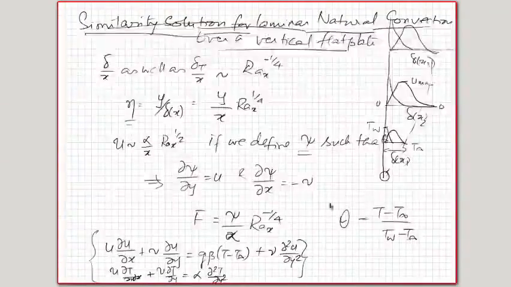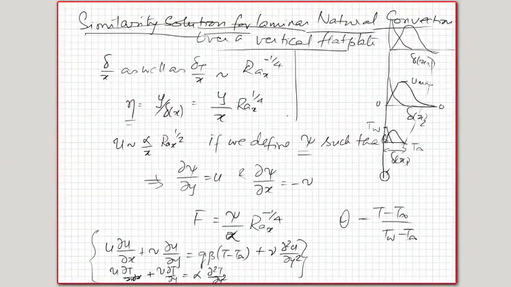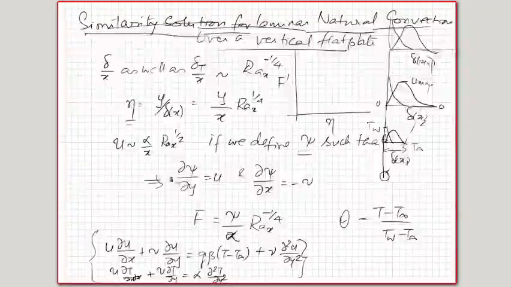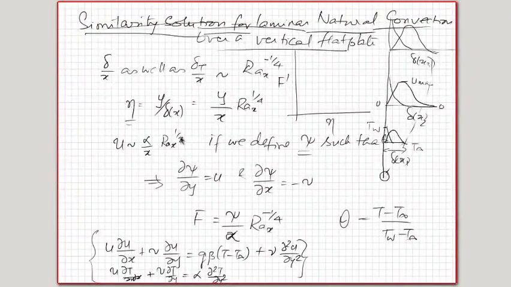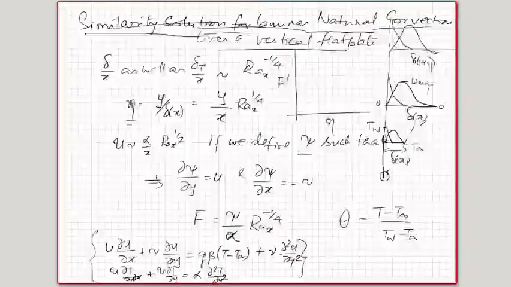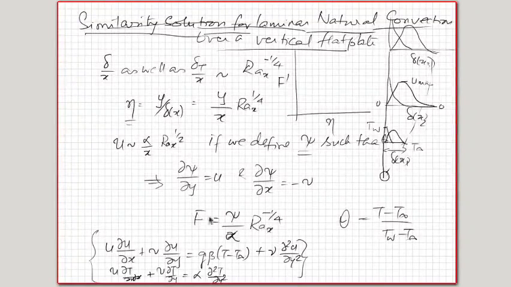So this whole thing can be plotted as a single profile of eta versus f prime. Because this is psi, del psi by del y will be in terms of f prime, which is df by d eta.